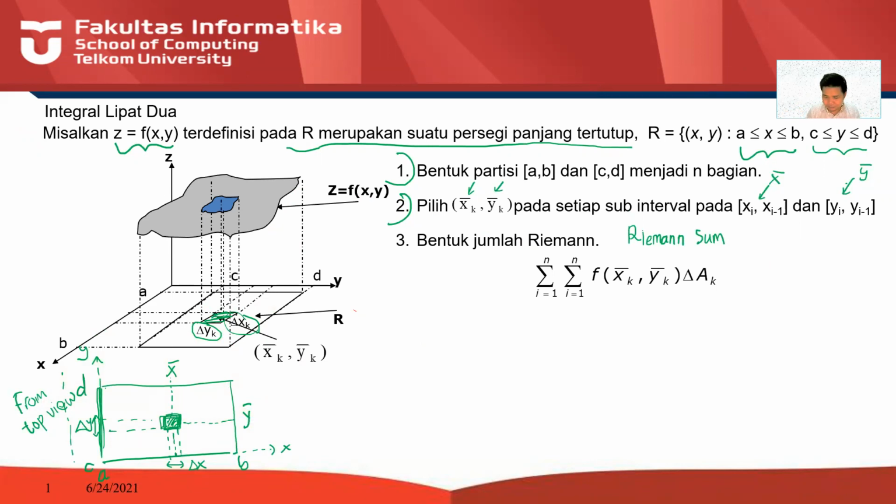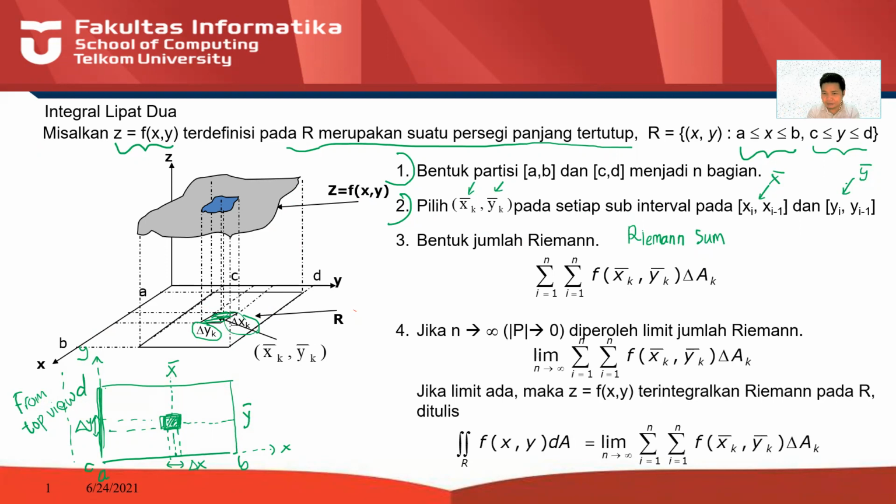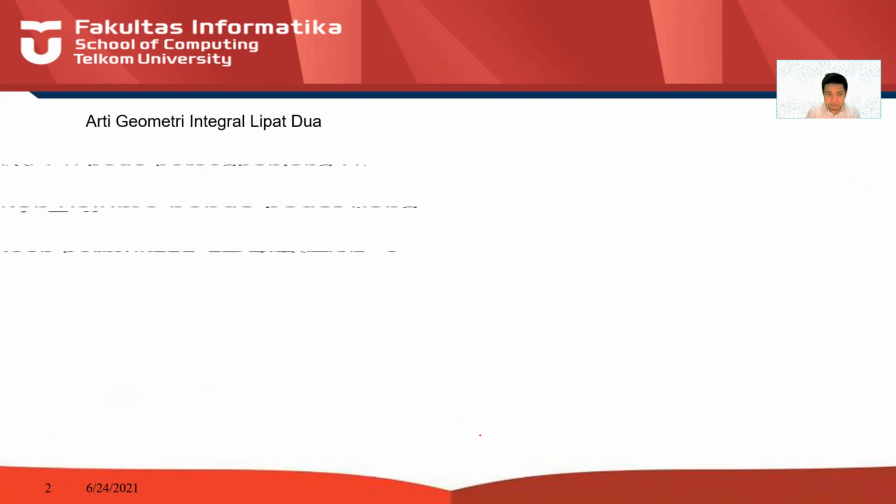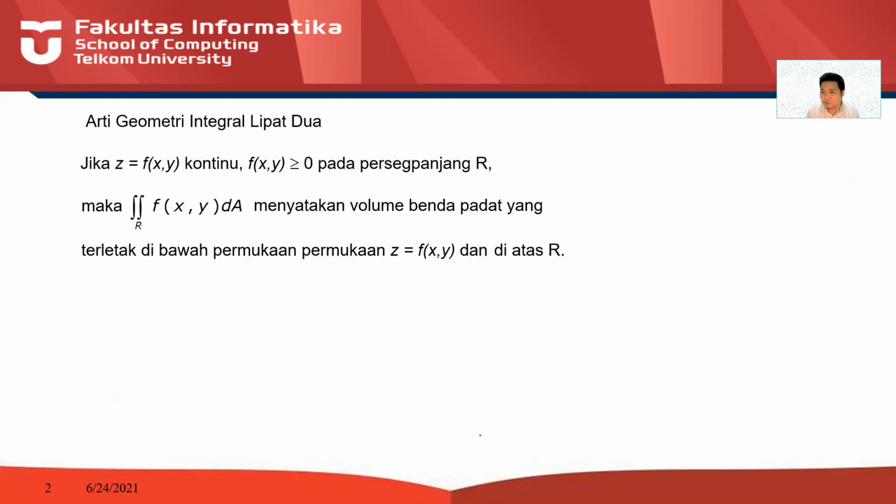In summary, if we take a limit and the cubes become very small, then we get what we call the two-fold integral. And this is a geometrical representation of the two-fold integral.